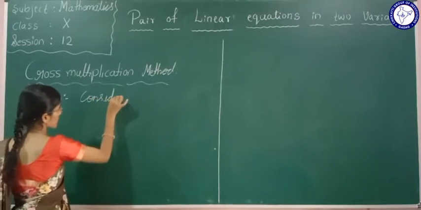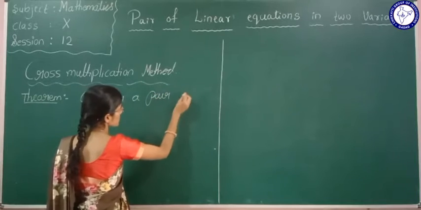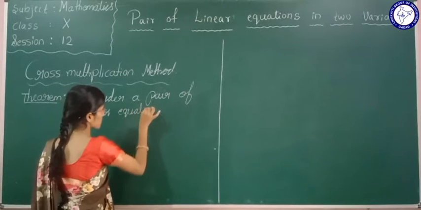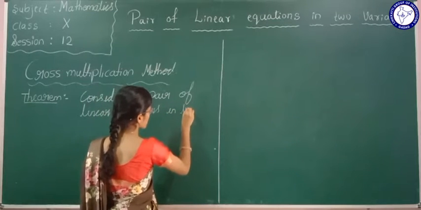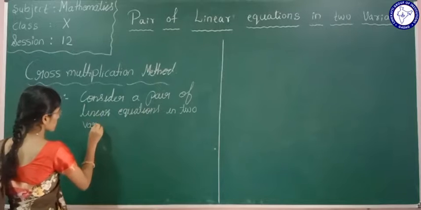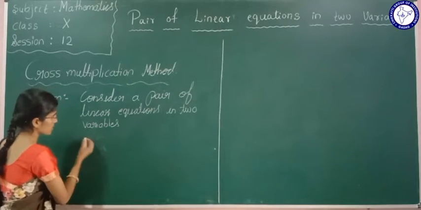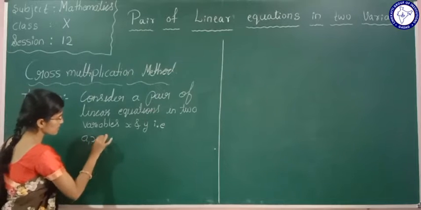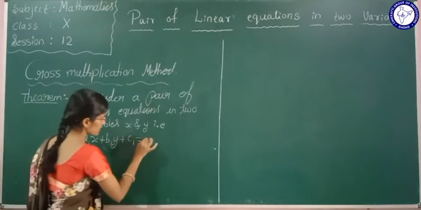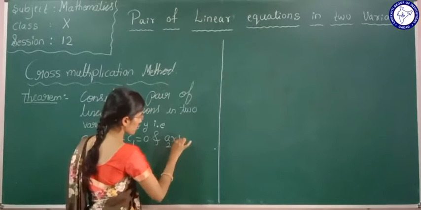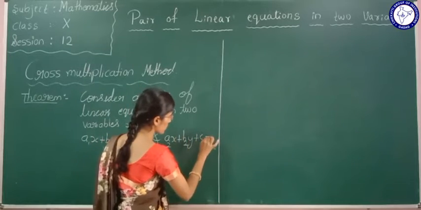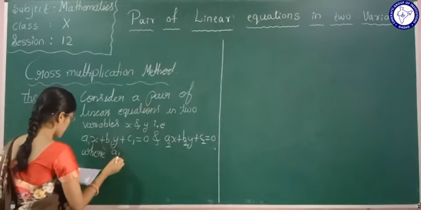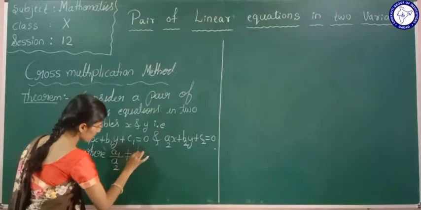Consider a pair of linear equations in two variables x and y, that is, a1x plus b1y plus c1 is equal to 0 and a2x plus b2y plus c2 is equal to 0, where a1 by a2 is not equal to b1 by b2.